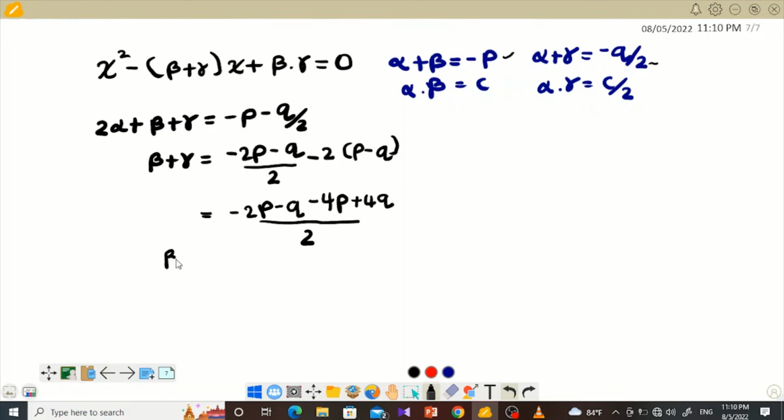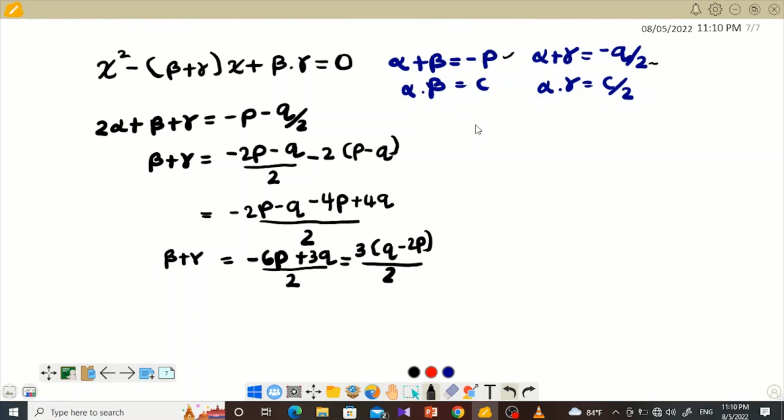Then my value of beta plus gamma becomes minus p minus 4p, minus 5p, minus q plus 4q is plus 3q, divided by 2. This is the value obtained for the sum of roots.